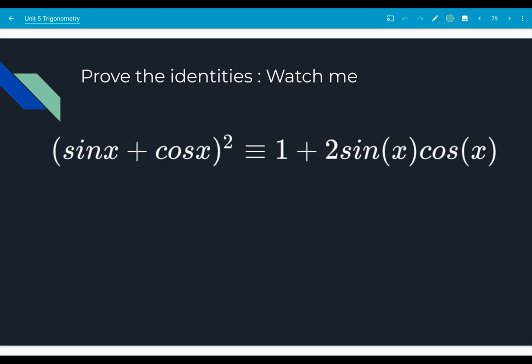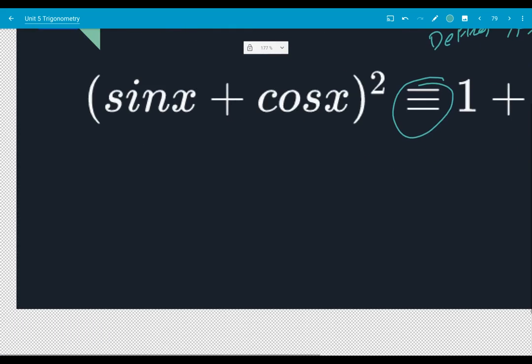So prove this identity. What we're trying to do is get one of these sides to look like the other. These 3 lines here mean defined as. So we can't move stuff on either side of that like we can with an equal sign. This is a definition. Okay? So I'm going to say the squared side looks like the more complicated side.